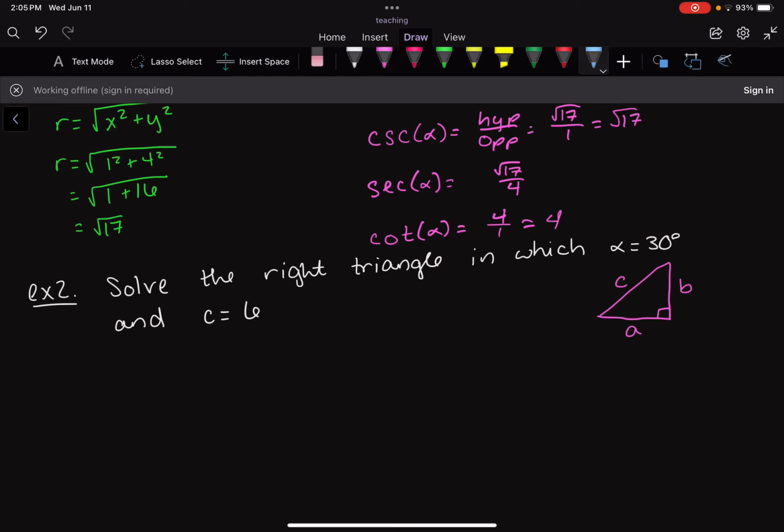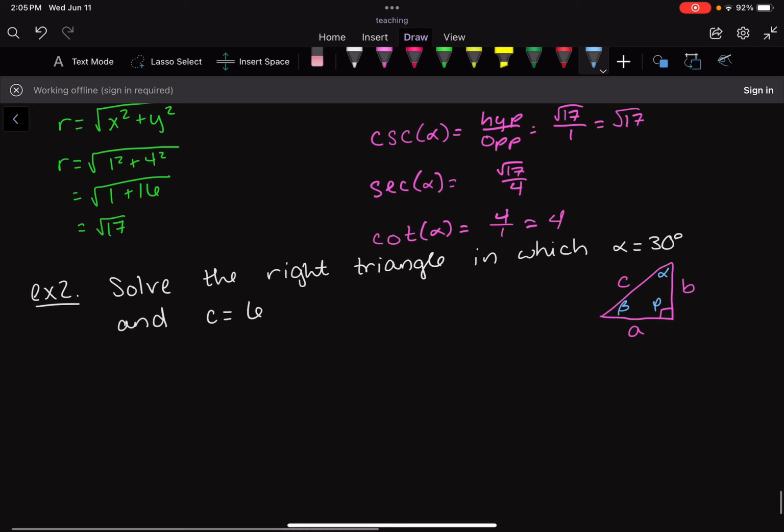Also, your angle across from A we would call alpha. Your angle across from B we would call beta. Your angle across from C usually we would call gamma, but in this case that's our right angle, because C is our hypotenuse. Now it's totally fine if you switch where you put A and B. That is not going to be a problem at all.